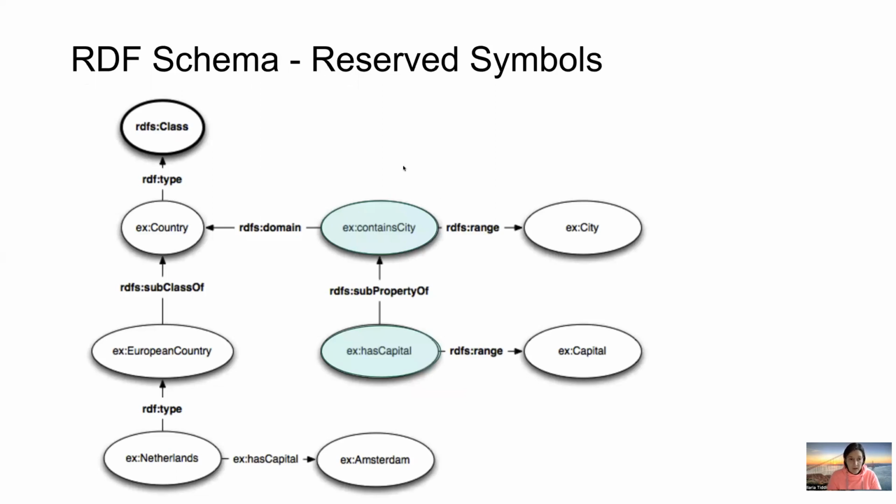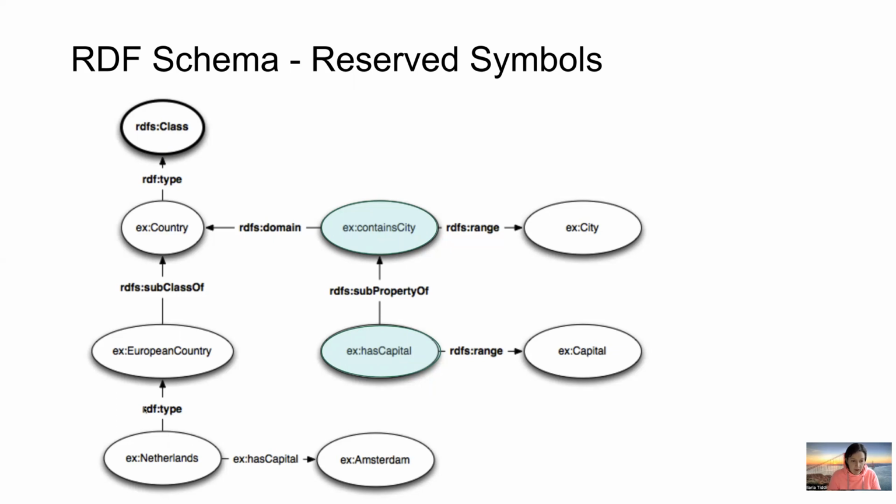When we represent an RDF schema, we use these symbols. We can use these symbols to allow inference. So we could say, for example, that we have Netherlands, which is of type European country.